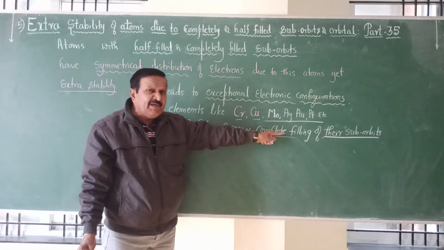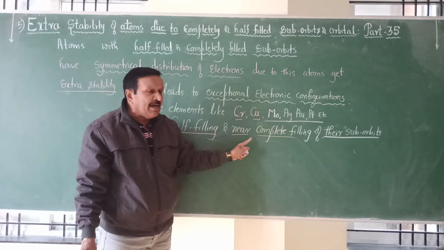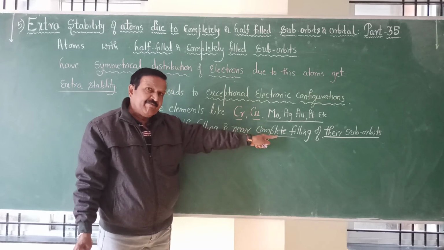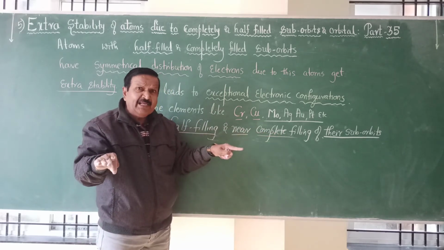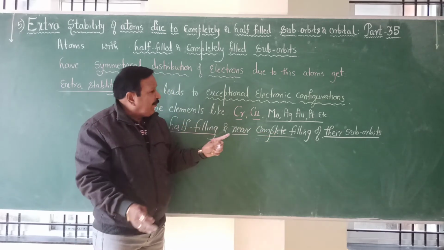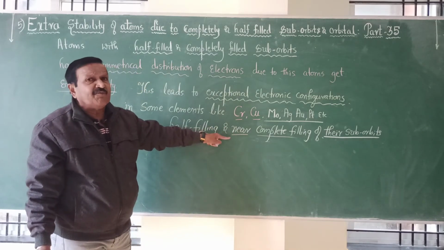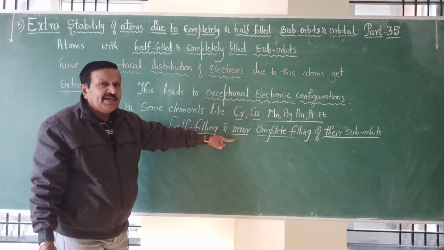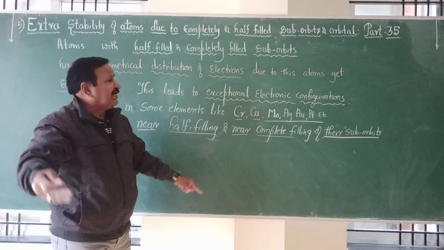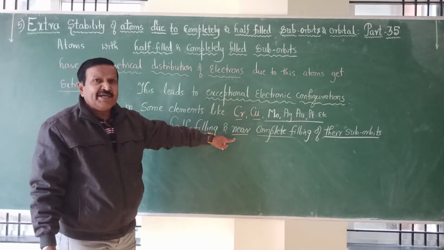Similarly, near complete filling means d9, since d10 is completely filled. When the configuration is d9, it will try to achieve d10 by some arrangement.